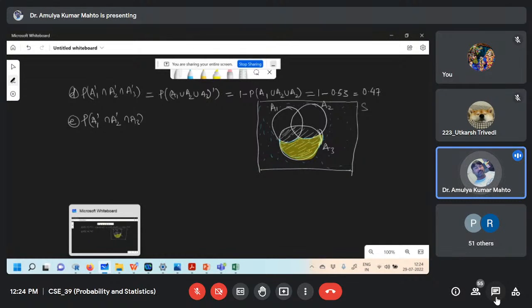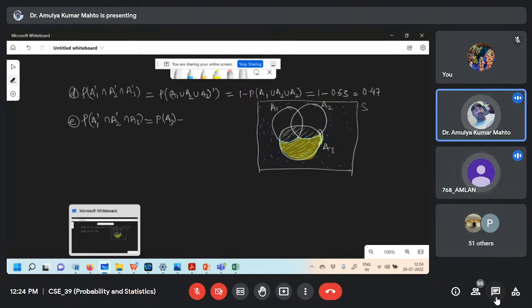So one more time I have to add this. So this is going to be probability of A3. So probability of A3 is the entire A3. Now I need to subtract this part. So that is going to be minus A1 intersection A3.